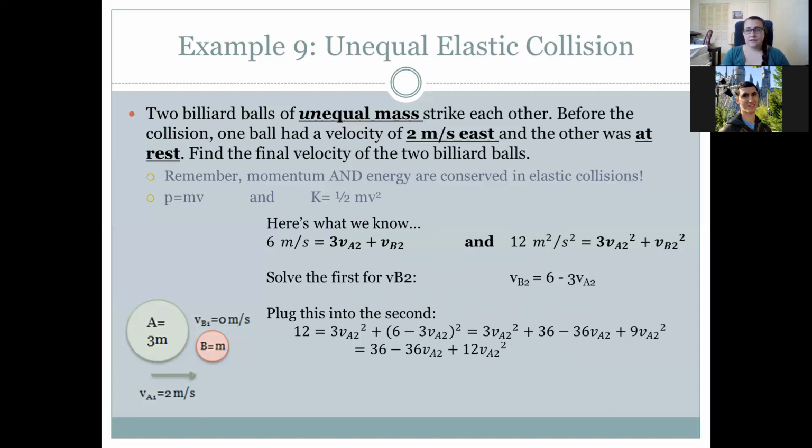We can simplify it even farther though, because 12 is a factor of 36. So we get 1 equals 3 minus 3 VA final plus VA final squared. And then when we subtract 1 from both sides, we get 0 equals VA final squared minus 3 VA final minus 2.